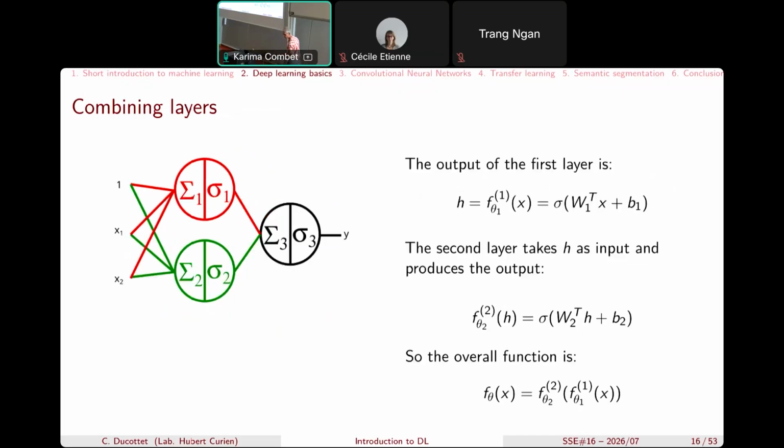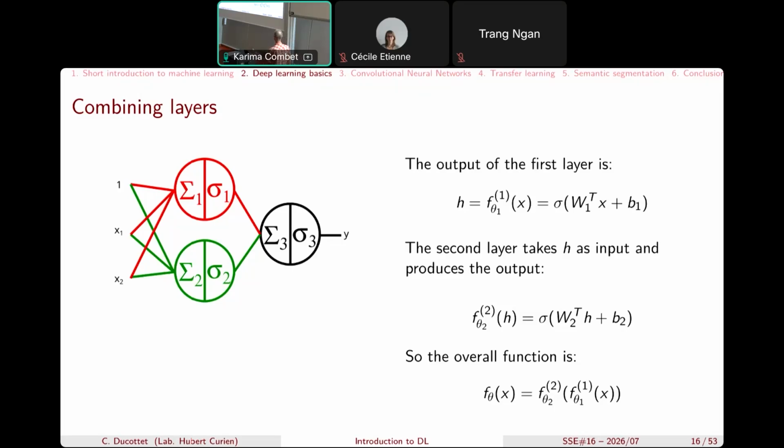Once we have seen this, we could also stack or put several layers. Suppose that we have here two layers, the first one with two neurons, the second one with only one neuron.